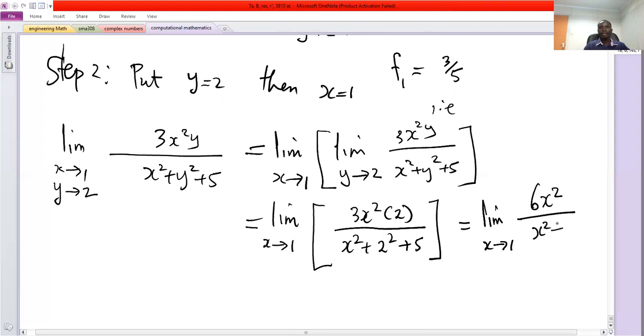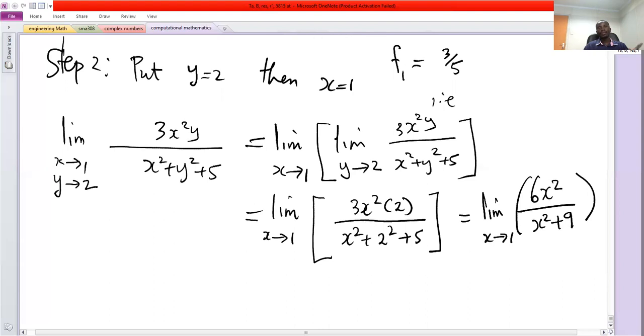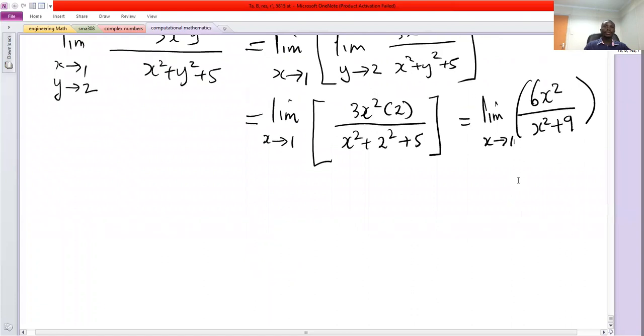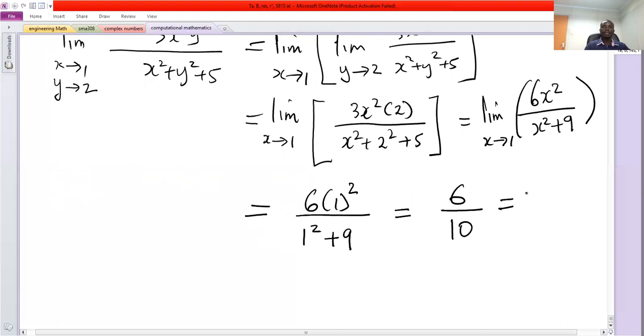So 6x squared over x squared plus 9. So the problem just reduces to finding the limit of a function of a single variable x, and direct substitution should help us evaluate that. So put where this x is 1. So 6 times 1 squared over 1 squared plus 9. 6 times 1 squared is 6. 1 squared plus 9 is 10. And this still gives us 3 over 5. So this is our F2.